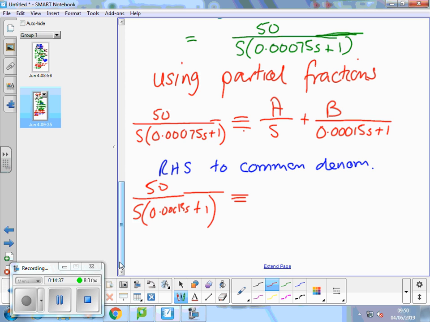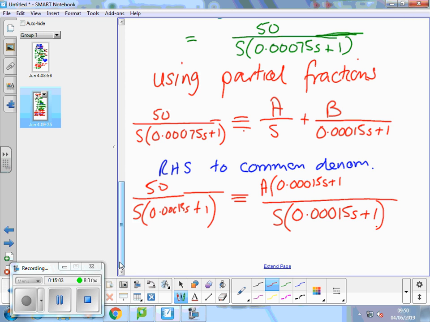What we want is to write one common denominator, S times 0.0015 S plus 1, underneath there. To do that, we need to multiply A by... all right, this should all be 0.75 now, shouldn't they?